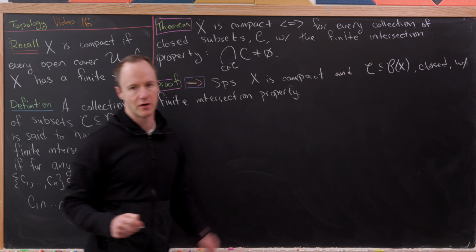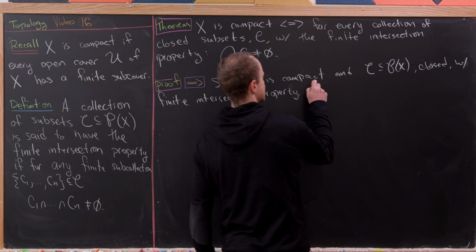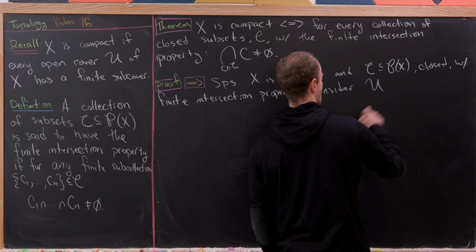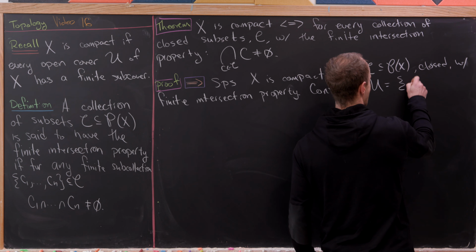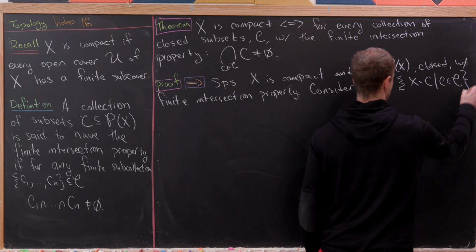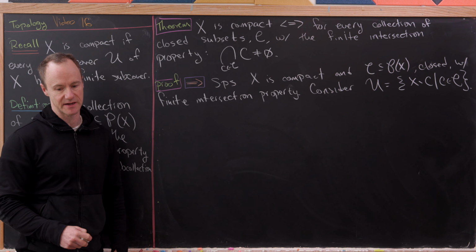Remember, the complement of an open set is a closed set, and the complement of a closed set is an open set. So let's consider U, which will be everything of the form X minus C, as C runs through everything from our collection of closed sets, script C.